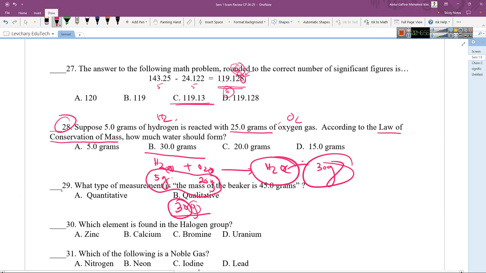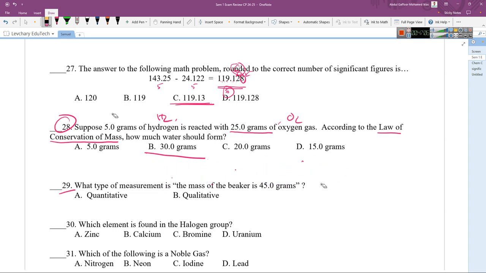Okay. What about the 29th one? The mass of a beaker. Quantitative or qualitative?